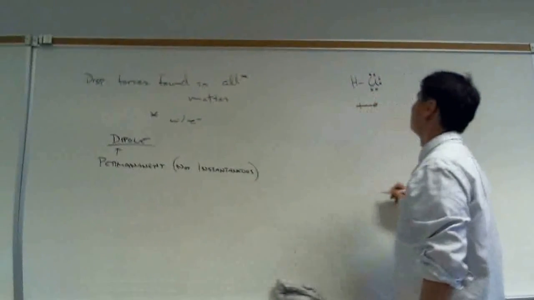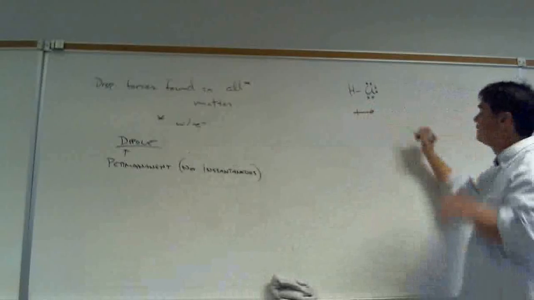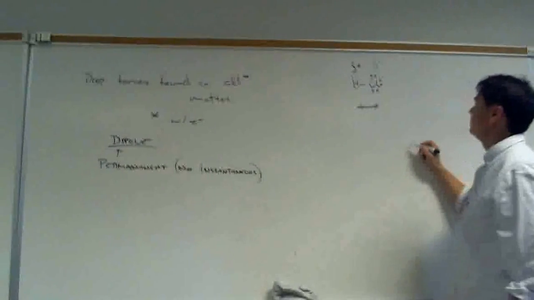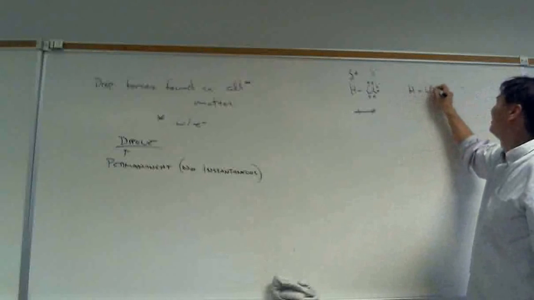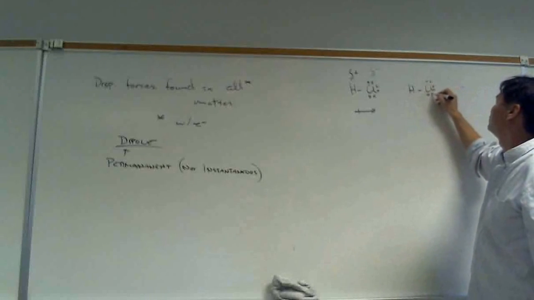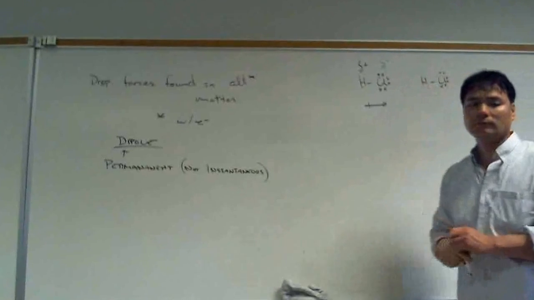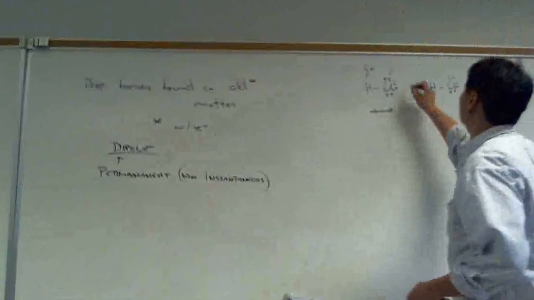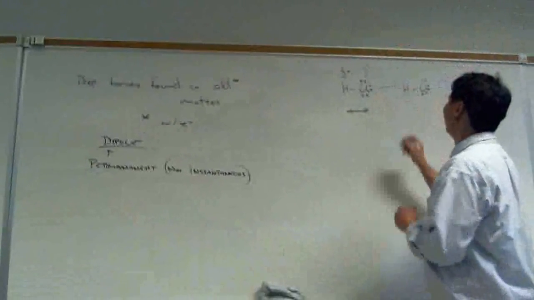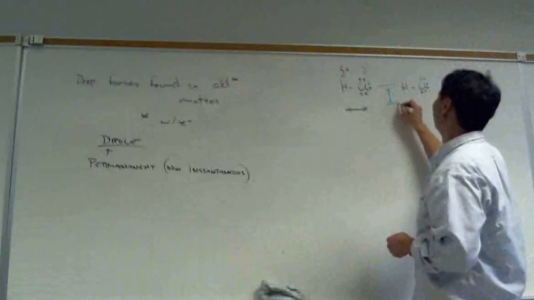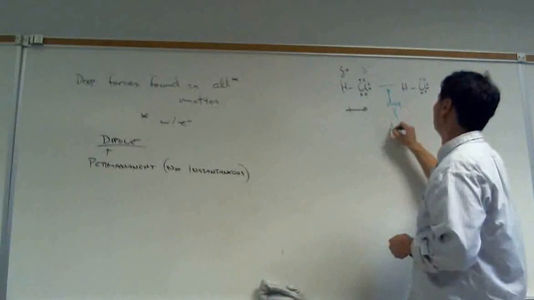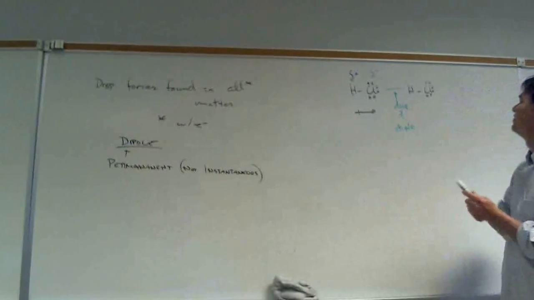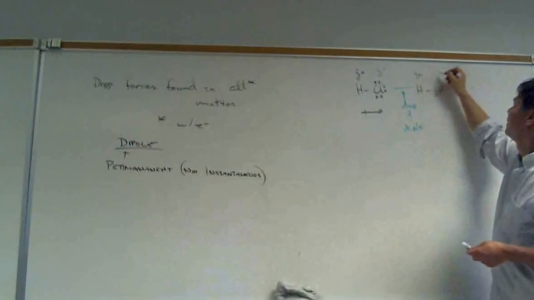Looks like this. That means this part is negative, this part is positive. And so between two HCl molecules, we're going to have two types of forces. What types of forces hold two HCl molecules together? One is dispersion and the other is dipole. And the dipole force is permanently polarized like this.